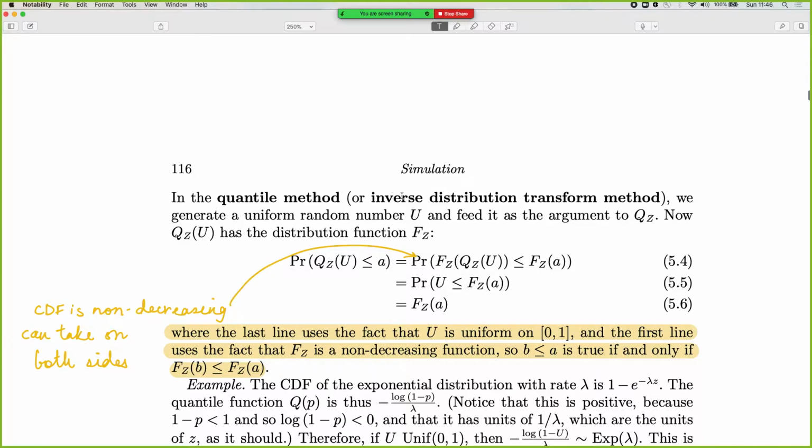In the quantile method, quantile, like I said, is also the inverse distribution transform, the inverse distribution function. In this method, you generate a uniform random number u, drawn from the uniform distribution, and feed it as an argument to qz, the quantile function. Now, this quantile function of u has the distribution function fz.